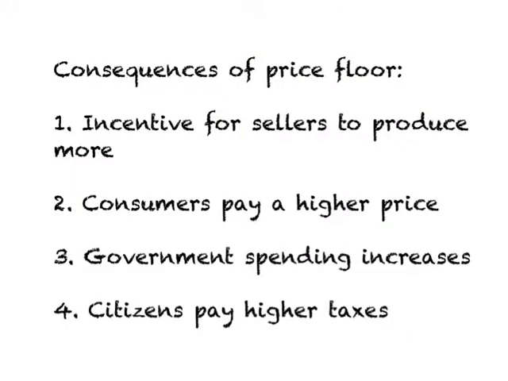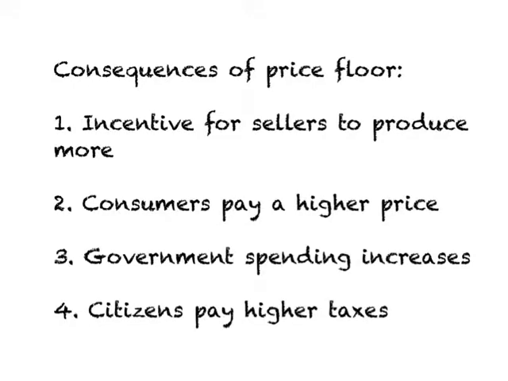Let us look at some other consequences of price floor. What has happened is the following. The market believes the sellers should sell less, but the government believes, for whatever reason, that the seller should receive a higher price for their product, and a consequence of that is that we get more and more of this product in the market.